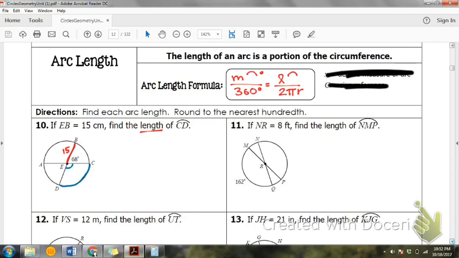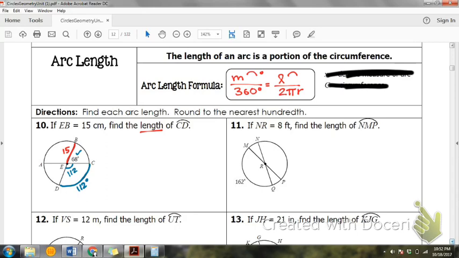Well, again, the 68 degree angle and this angle make 180 degrees. So they've already given us 68. So let's do 180 minus 68. That gives me 112. So this angle is 112, which means that's how much the measure of the arc is. Not the length, the measure of the arc.